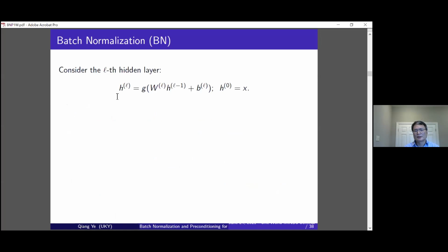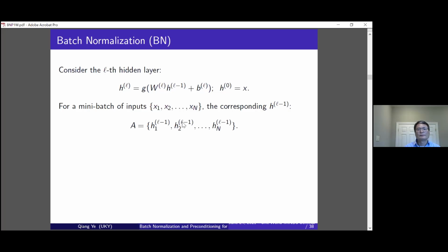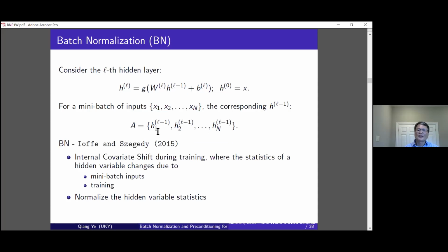So let's consider one of the hidden layers, called the l-th layer. Here the layer input is H_{l-1} and the output is H_l. During mini batch training, we are given the inputs, which I'll label x1, x2, up to xn, for n samples. Then we produce the corresponding n hidden variables, n features at H_{l-1}, which I'll write as h1, h2, up to hn.